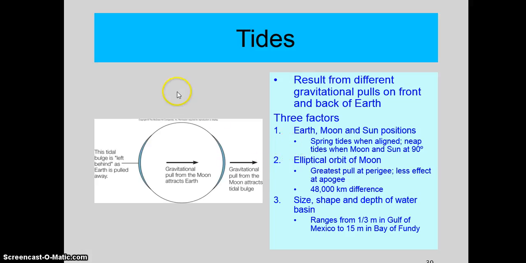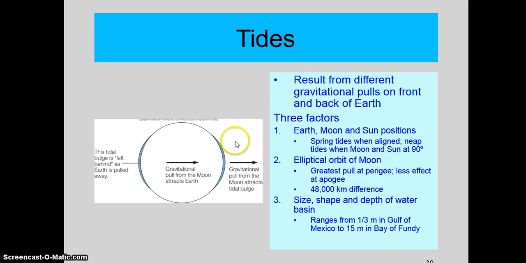Now think if the moon were over here, and we keep the sun in the same position, so that the phase would be either first quarter or last quarter. When the moon, the Earth, and the sun are at 90 degrees to each other, that's called a neap tide, and the sun is actually canceling part of the tidal effect, just because of the angles.